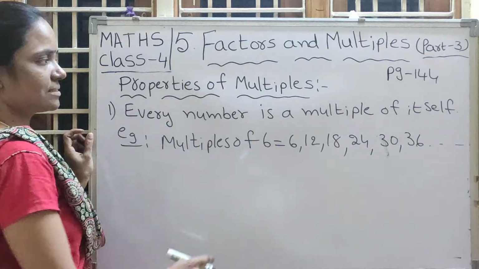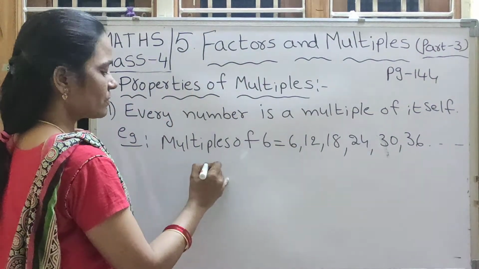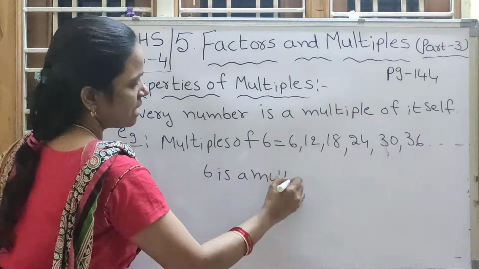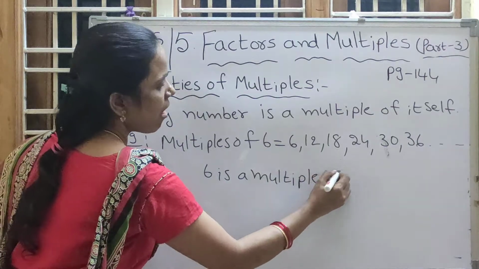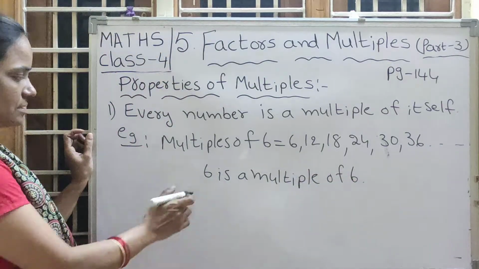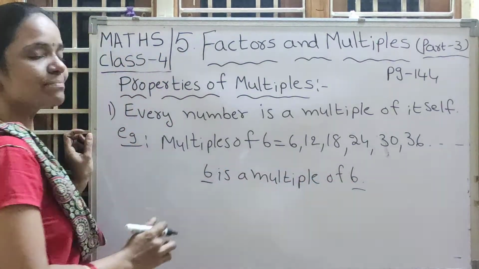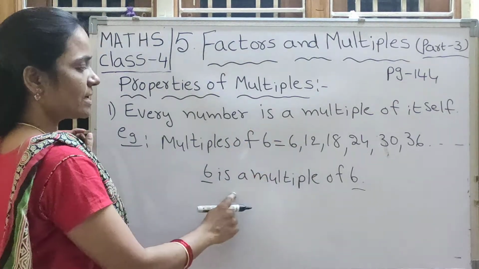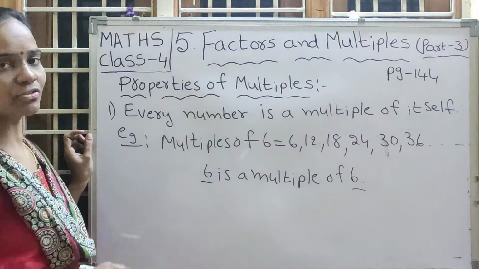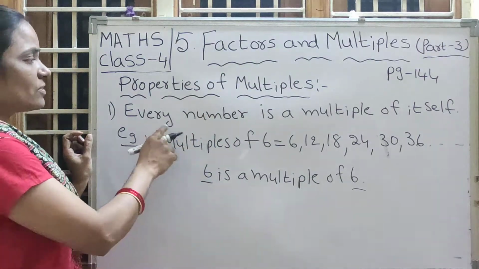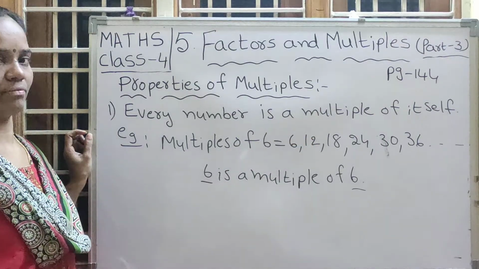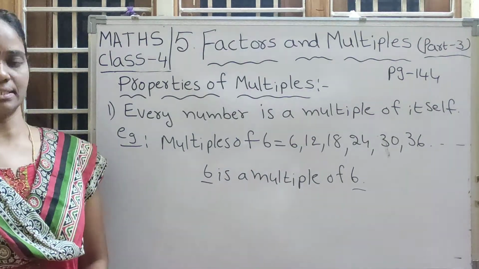So here 6 is a multiple of 6. So every number is a multiple of itself. 6 is a multiple of 6, 12 is a multiple of 12, like that. Understood? What is the first property? Every number is a multiple of itself. Note it down, children.